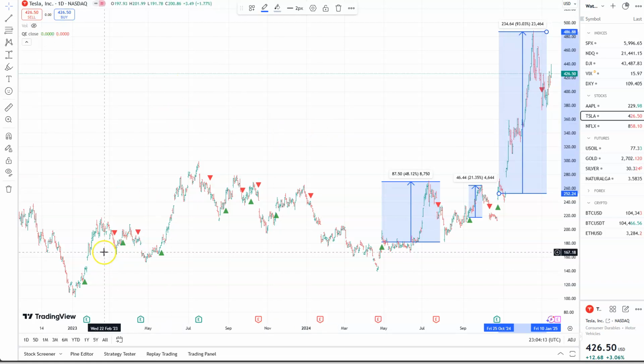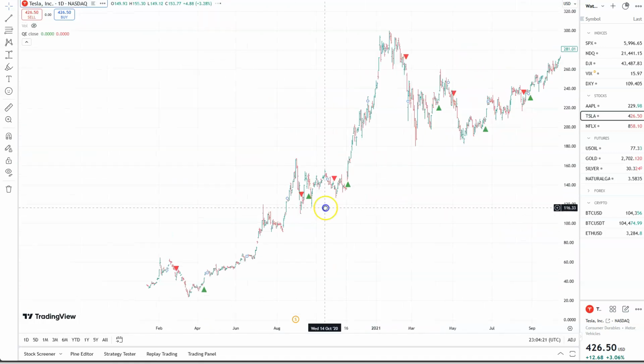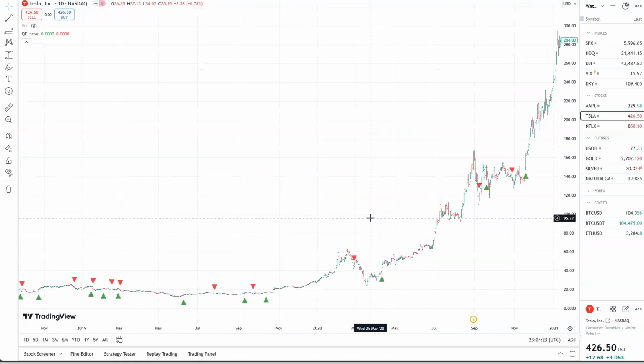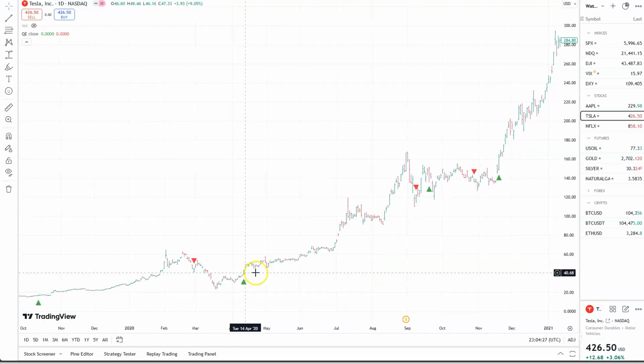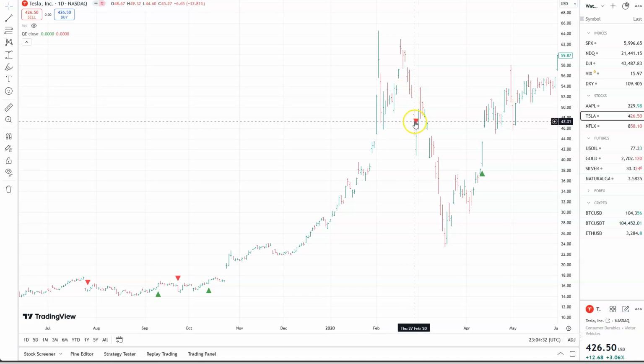So I'll go back here. I don't even know what time frame I'm looking at, right? I'm looking at 2020. That's during COVID. Okay, so we are trading during COVID, and it has a sell signal here on 27th February that the market is going down.